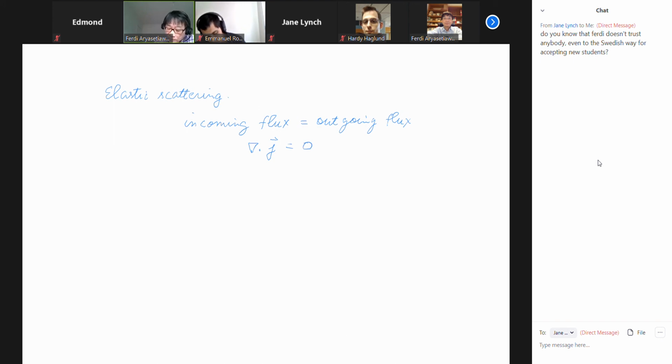So if we have a volume like this, it means what's coming in here is the same as what's going out, because that's what divergence means. If I multiply the divergence by a little volume, that's equal to the flux. So that implies that the flux coming in is equal to the flux coming out.